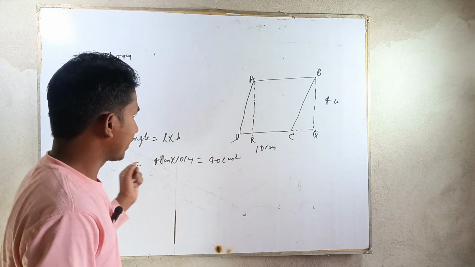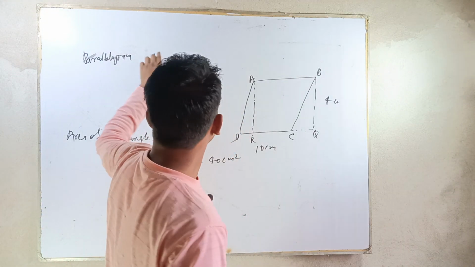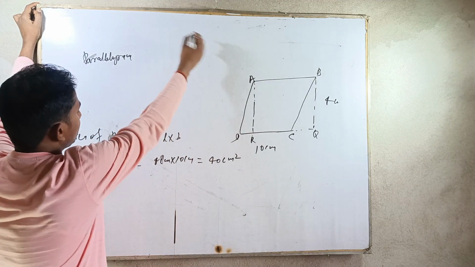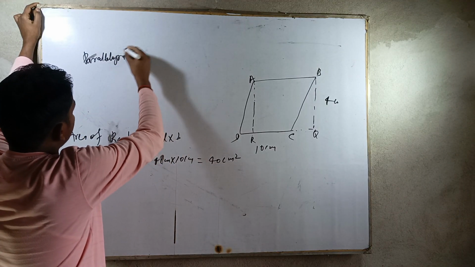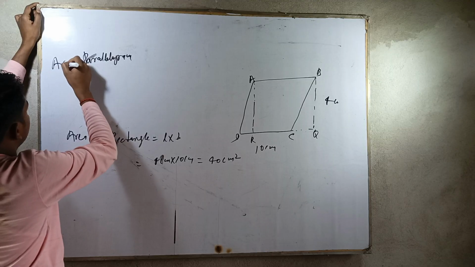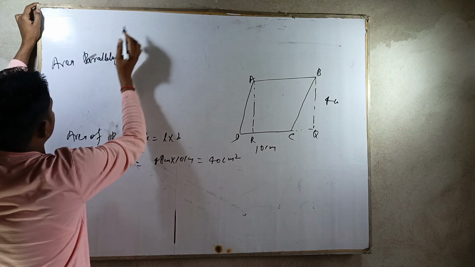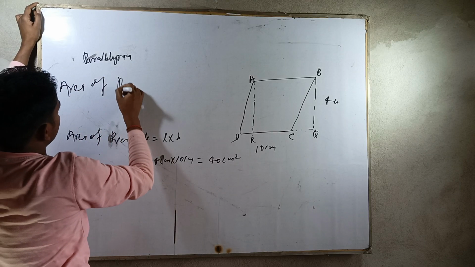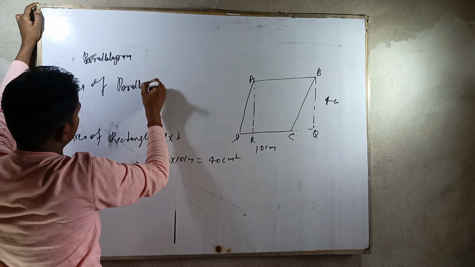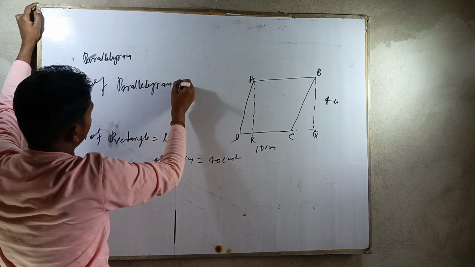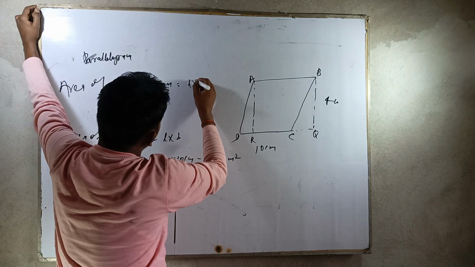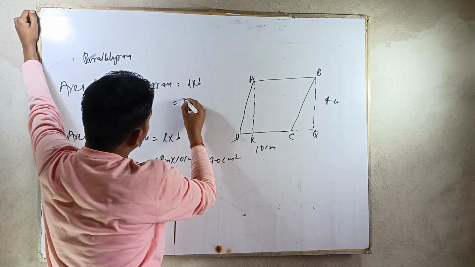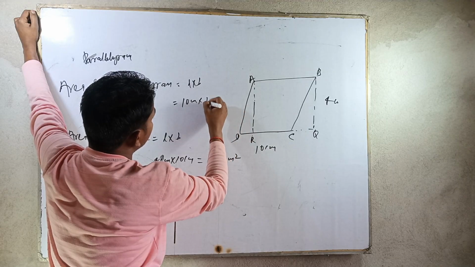In the case of a rectangle, the same way, if the length and breadth of a parallelogram are given as L into B, I need to write: area of parallelogram equals L into B, where L is given as 10 centimeter and B is given as 4 centimeter.